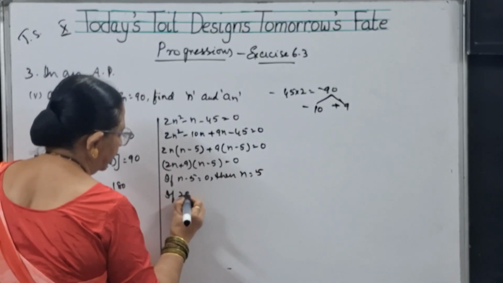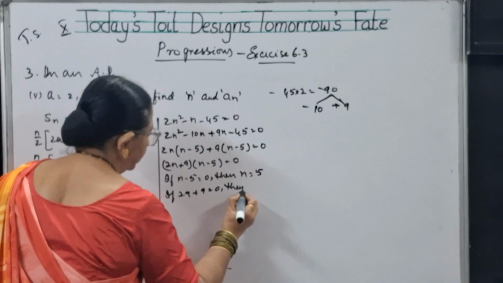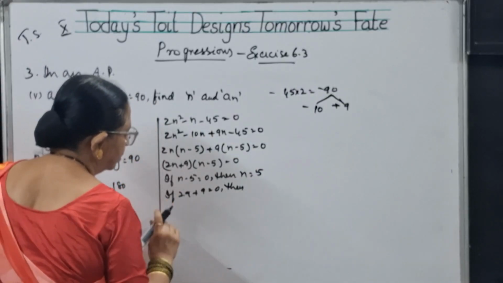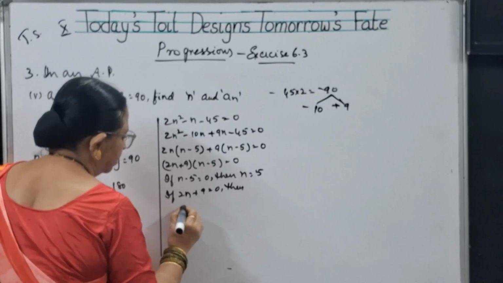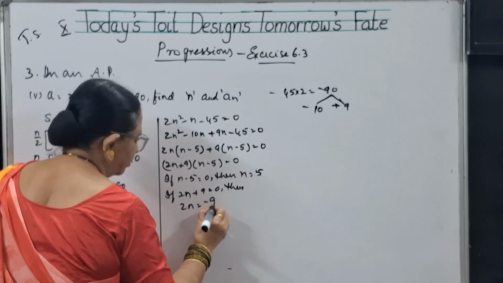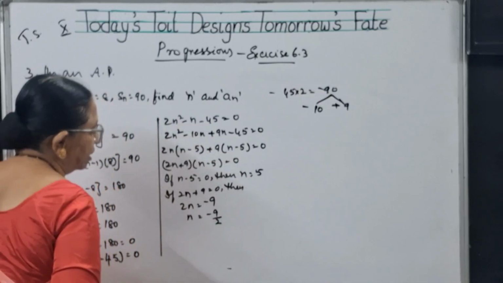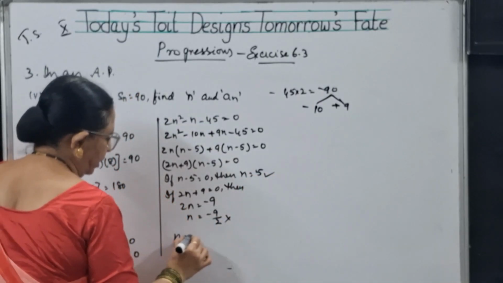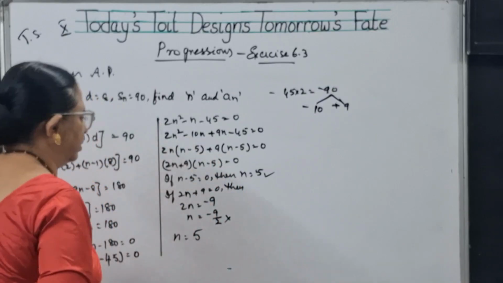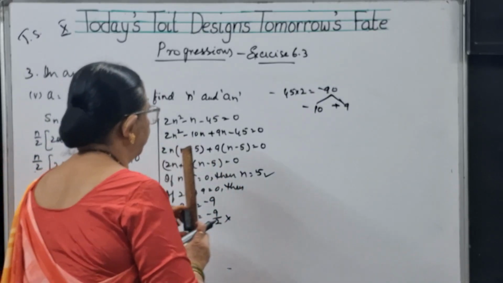If 2n plus 9 is equal to 0, then 2n is equal to minus 9, n is equal to minus 9 by 2. But n is negative, we can't take negative values for n. So we have to take n as 5.